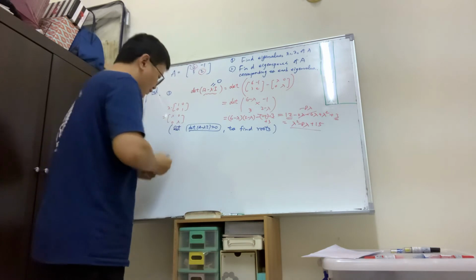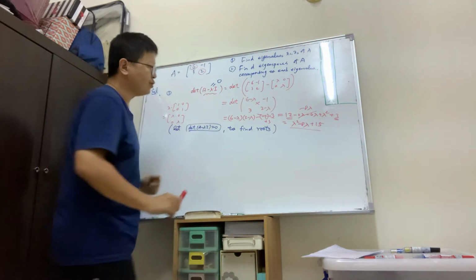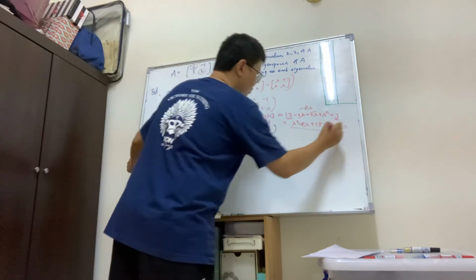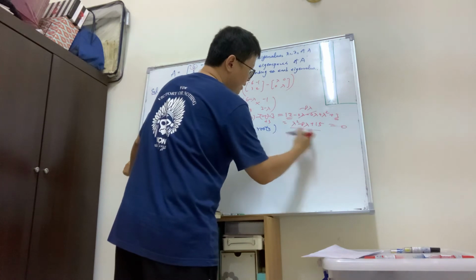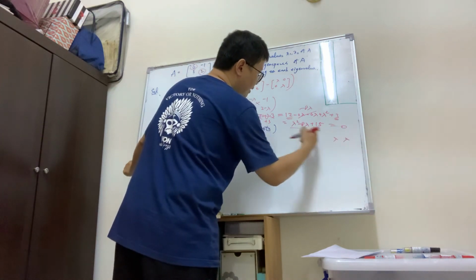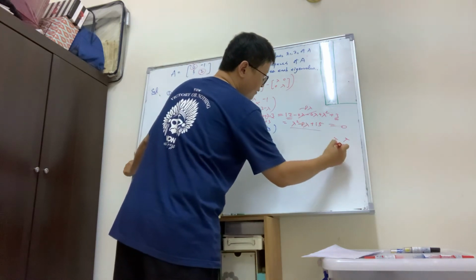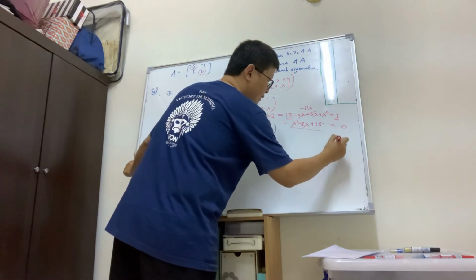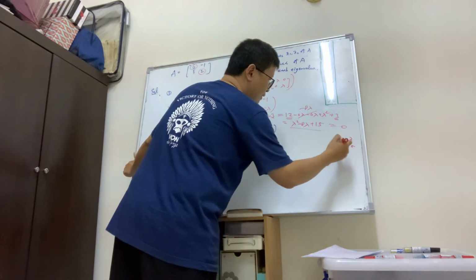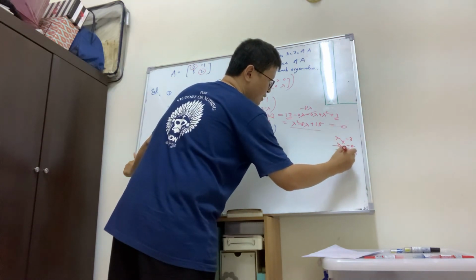Our argument is this one: let the determinant of A subtract lambda I equal 0 to find its roots. Here you should use cross multiplication. We could consider 3 times 5, so it becomes subtract 3 lambda subtract 5 lambda, so it's subtract 8 lambda.